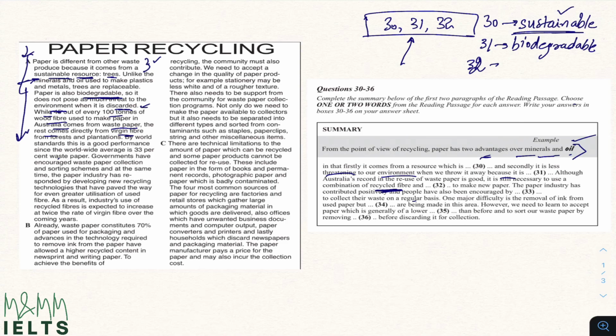Governments have encouraged waste paper collection and sorting schemes at the same time. Developing new recycling techniques. As a result, industry's use of recycled fibers, I've got my keyword over here, is expected to increase at twice the rate of virgin fiber. So they have mentioned one, which is recycled fiber, and the second type of fiber they have mentioned is virgin fiber.